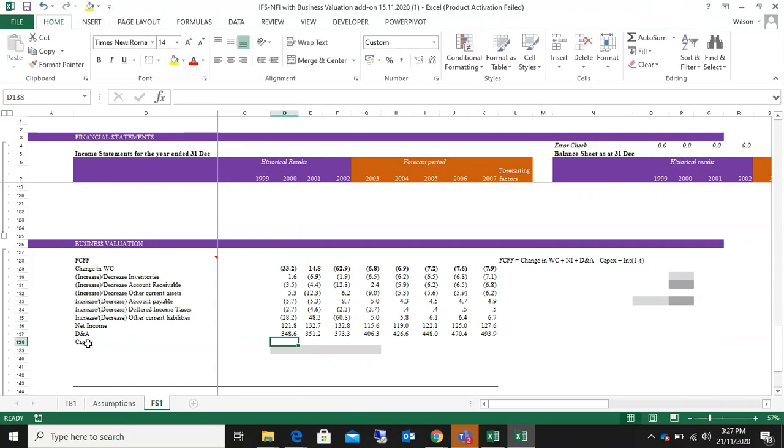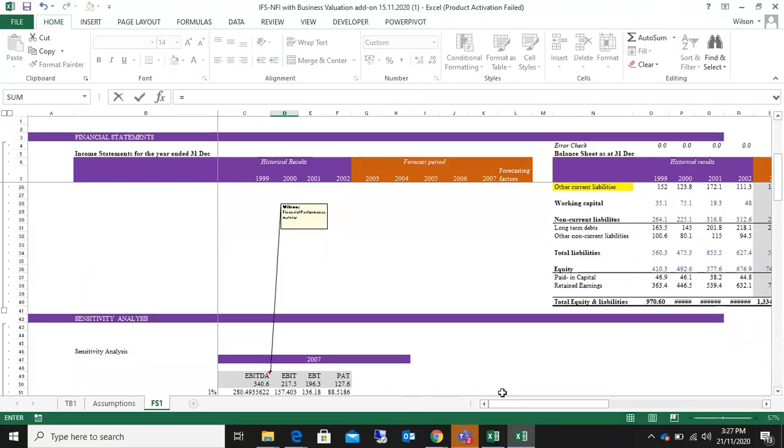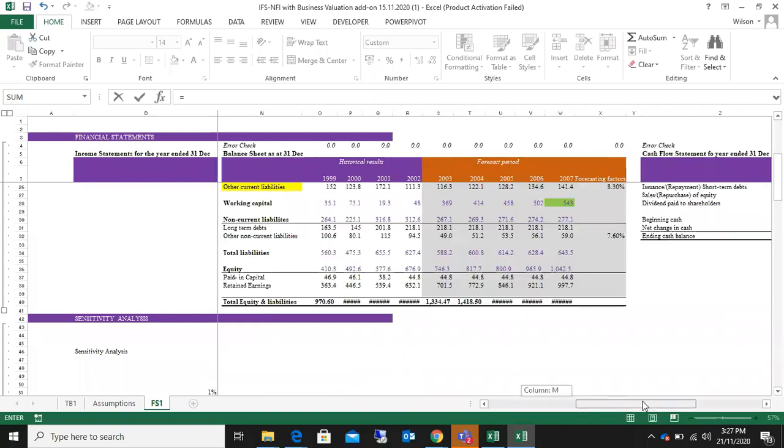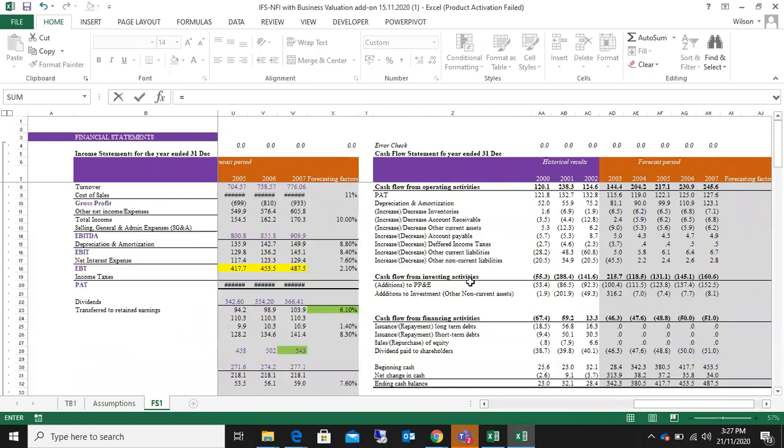All right. So our capex can be gotten from our cash flow statement. So when you go to your cash flow statement, see where you have your capex, right? So additions to PP and E, additions to investment, other non-current assets. So both of these make up our capex, right?